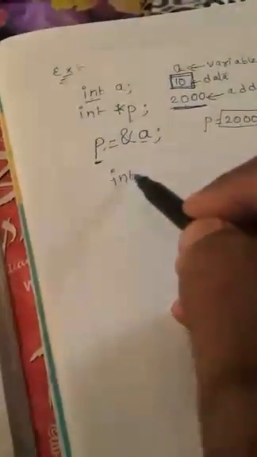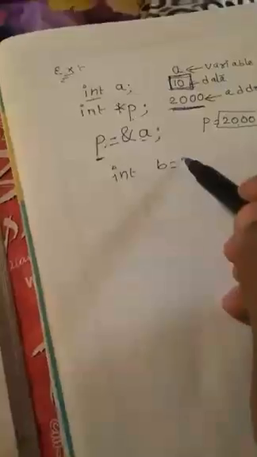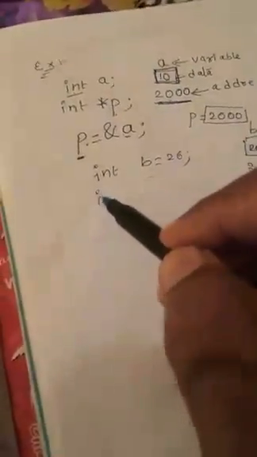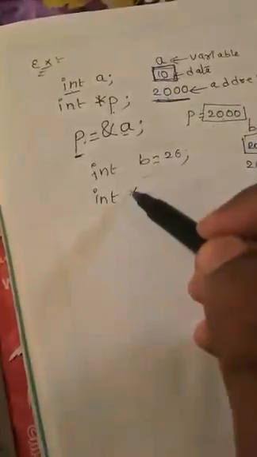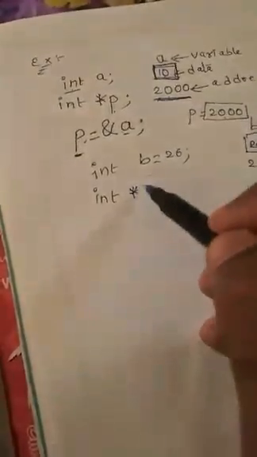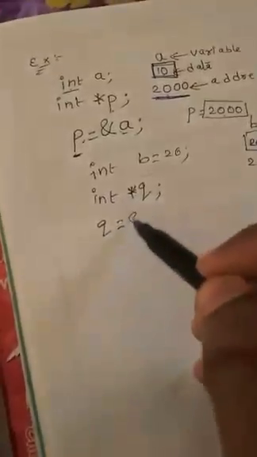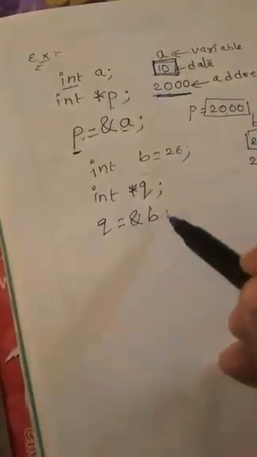Similarly, if you declare some other variable, say b equal to 20, it is data, and this is its address. So declare a pointer variable q equal to address of b.